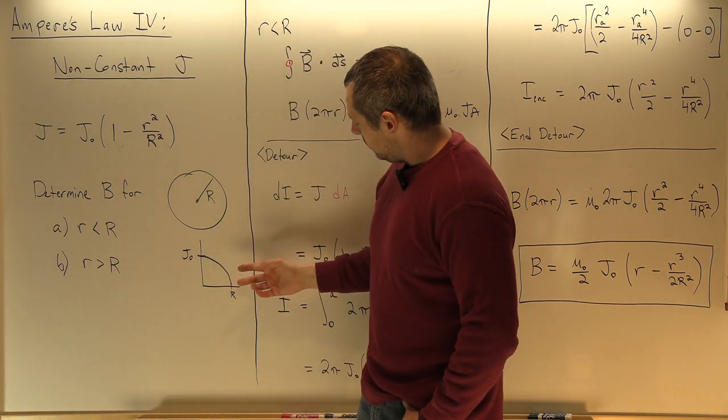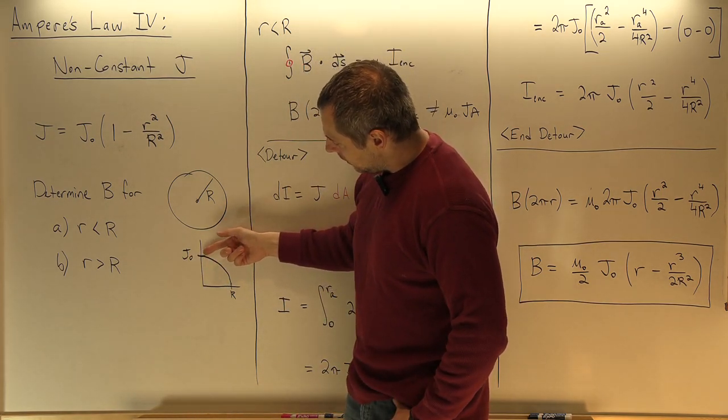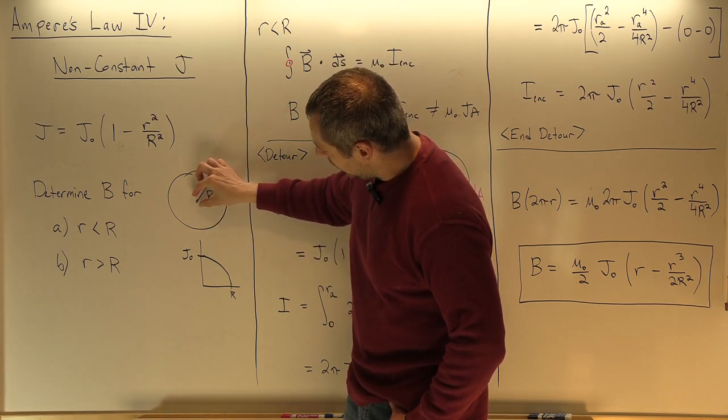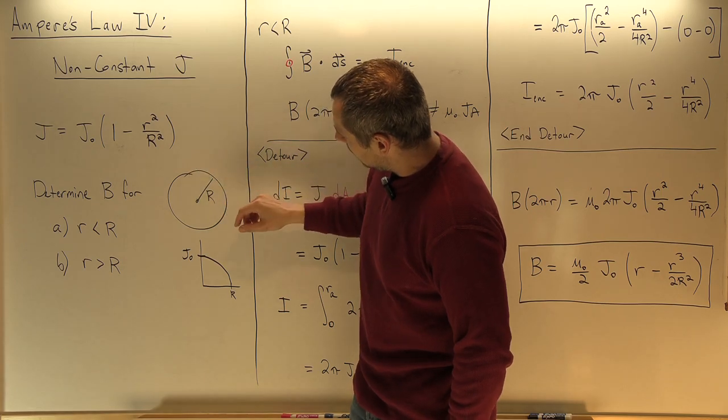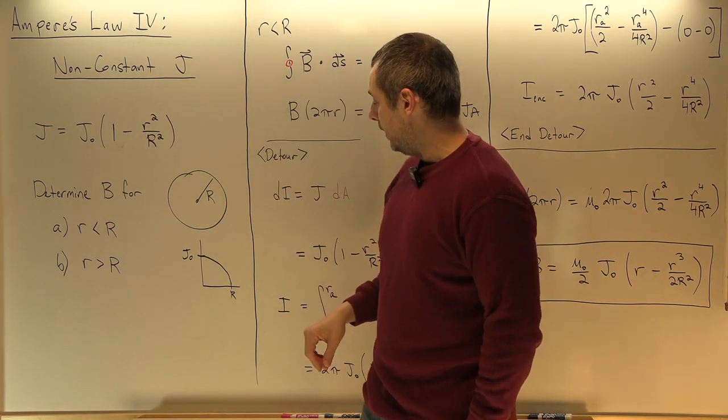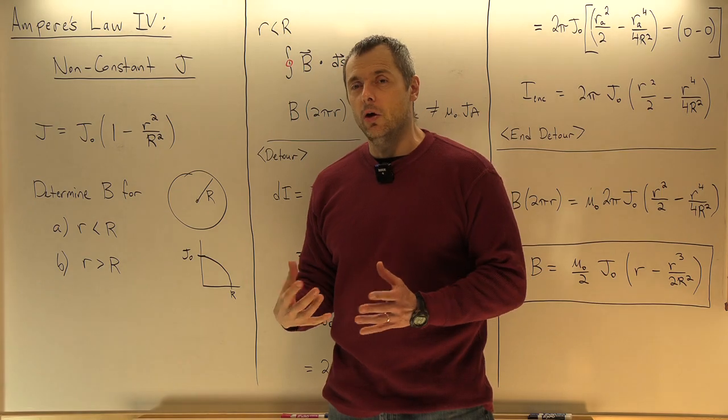So the current density plotted looks like this. The flow is most concentrated at the middle of the conductor, and then it gradually gets less and less, and at the outer edge we don't have any electrons flowing at all.